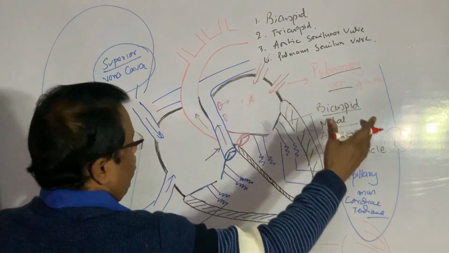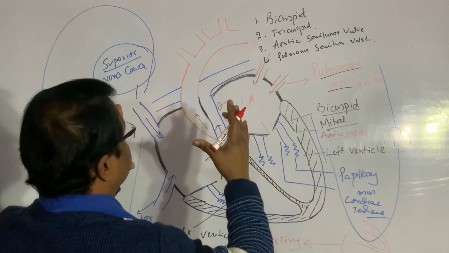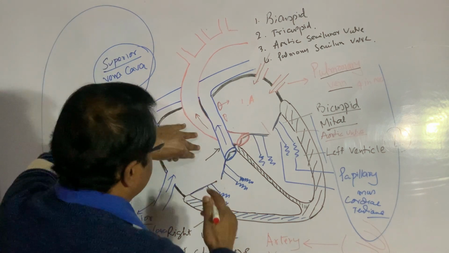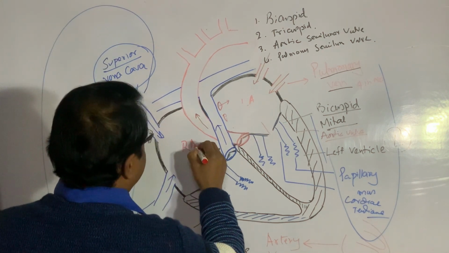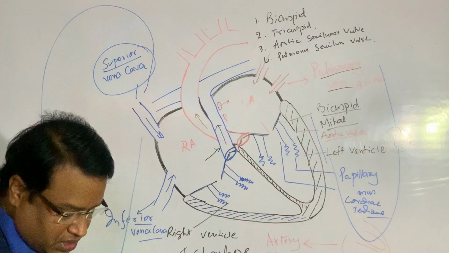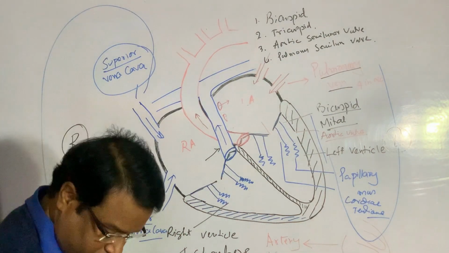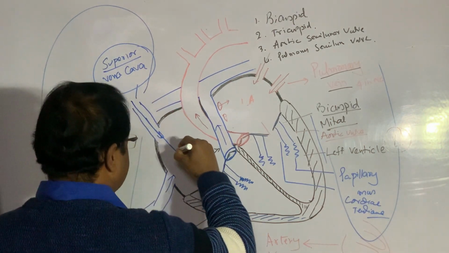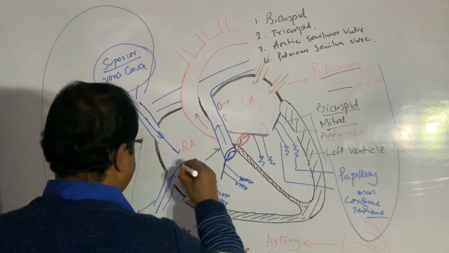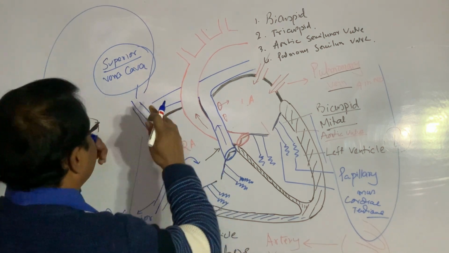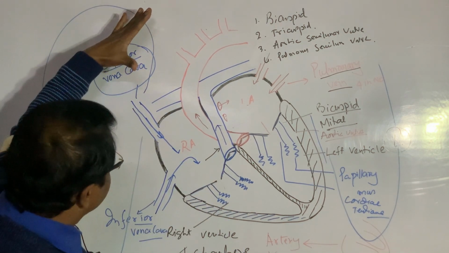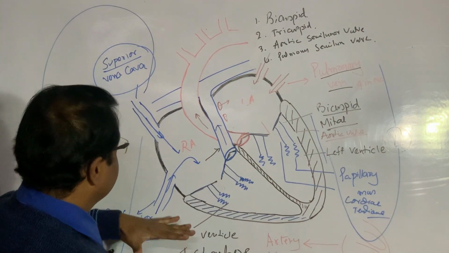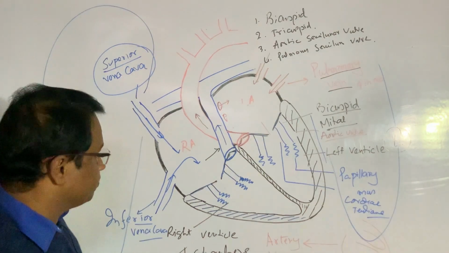From the entire body, blood comes into the right atrium through the superior vena cava and inferior vena cava. Superior vena cava drains blood from the upper portion of the body, and inferior vena cava drains blood from the lower portion of the body.